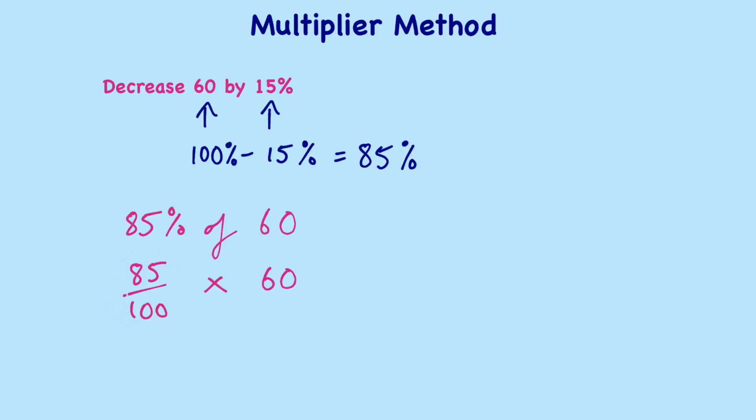So 85 divided by 100 is 0.85. So my multiplier is 0.85. If I type that into the calculator, the answer is 51, which represents 85% of my original amount of 60.